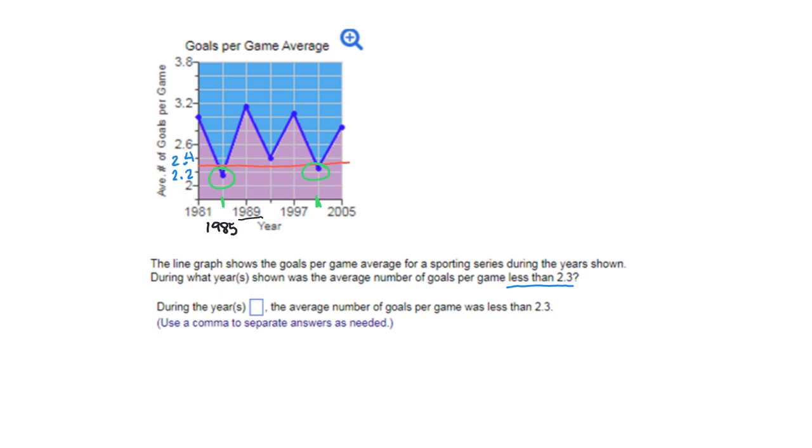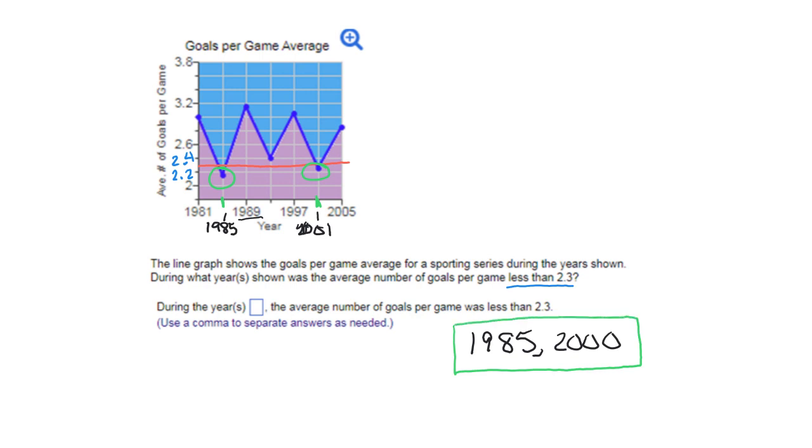So from 1997 plus 4, that will give us 2001. All right, so 2001 would match on there. So during the years, that would be 1985 and 2001 would be the 2 years where the average number of goals per game fell less than 2.3.